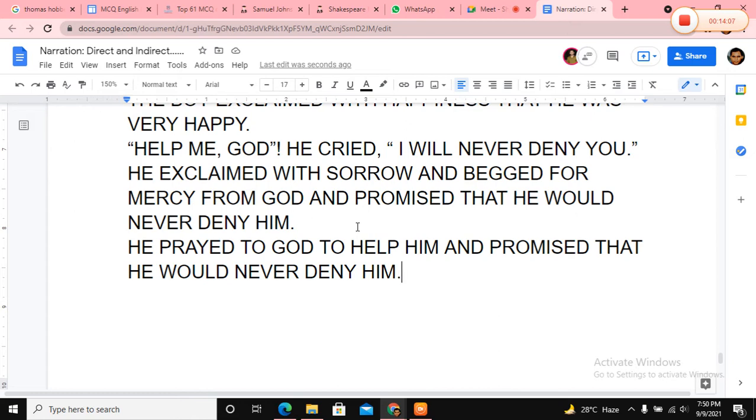Or you can try another way of converting it if you can. Otherwise, you simply follow the structure: he exclaimed with sorrow and begged for mercy from God and promised that he would never deny him. Simply follow the rule, and you will solve all the sentences. And you will also come to know when to use adverb of intensity, adverb of degree, and when not to use them.